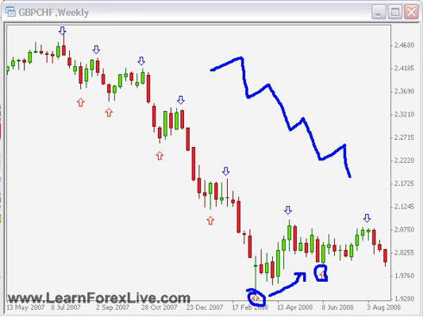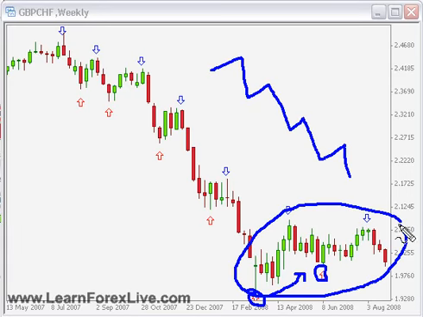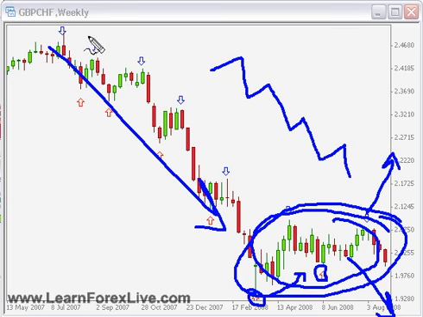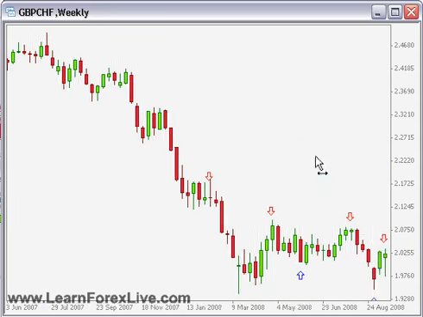It might be safer if we stop searching for short opportunities until this period of congestion gives way either to the upside, in which case we will probably be starting an uptrend and the downtrend will be finished, or until we break this congestion pattern to the downside and the previous downtrend is resumed.